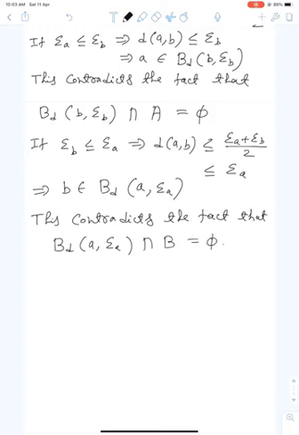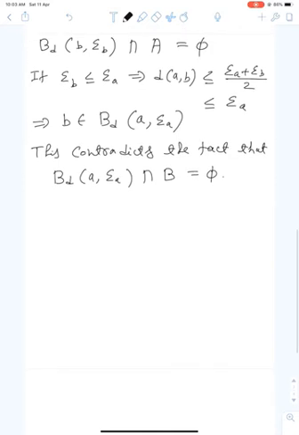Right? So we get a contradiction for each of these two cases. Now that will imply U intersection V must be empty, and thus X is normal.